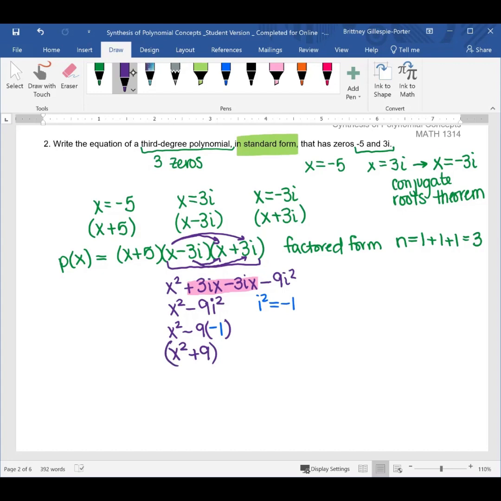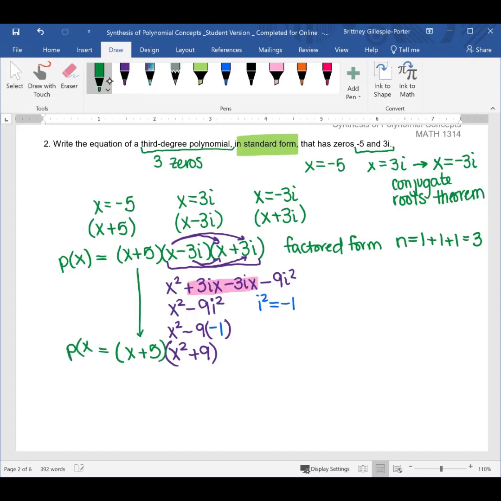So we've simplified the x minus 3i times x plus 3i down to x squared plus 9. I'm going to bring down my x plus 5.